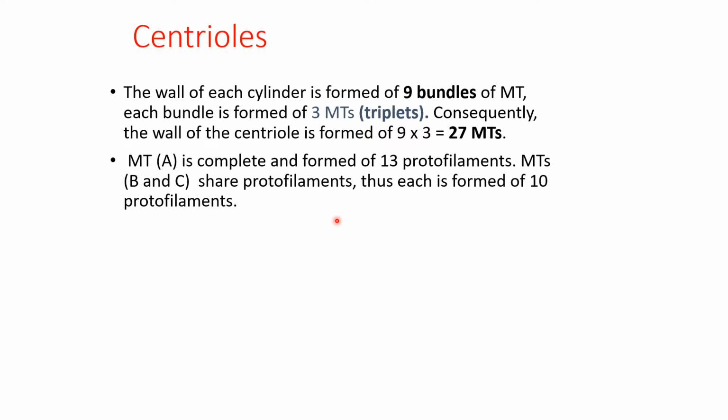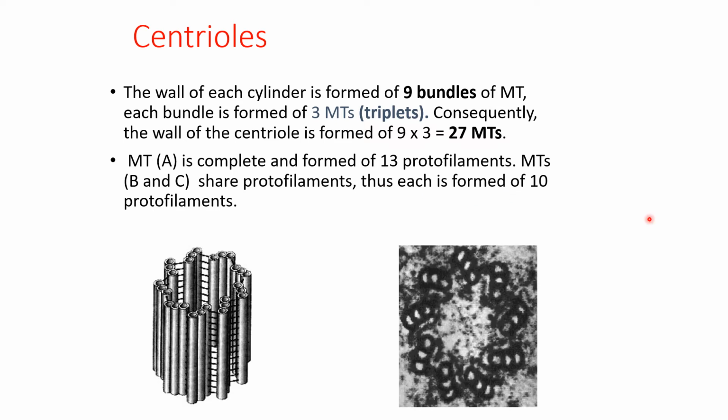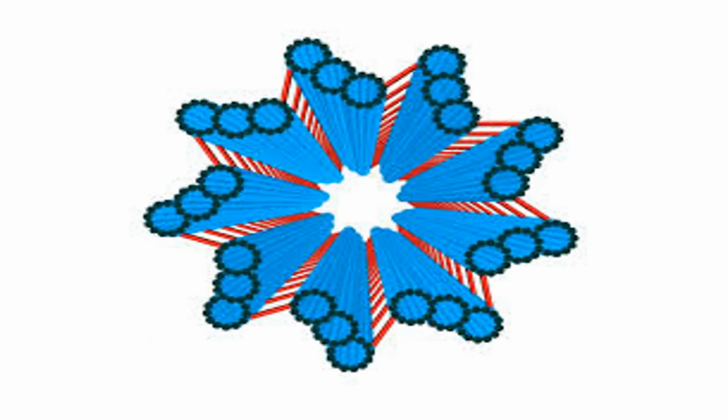The microtubules in the triplet are arranged as A, B, and C. TS shows that A is formed of 13 protofilaments, while B and C share protofilaments together, so B and C are formed of 10 protofilaments. This is a longitudinal section of the 9 triplets, and this is a TS section of the 9 triplets.